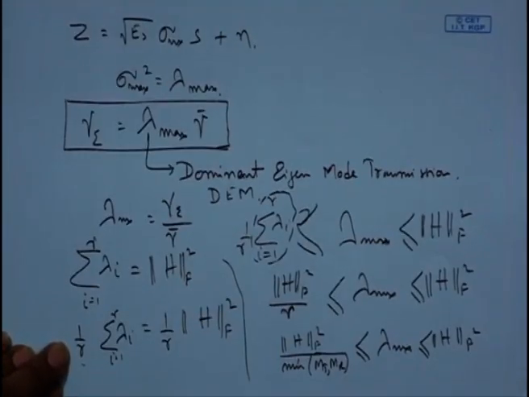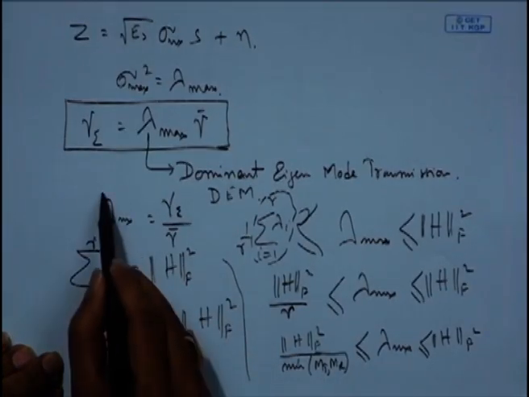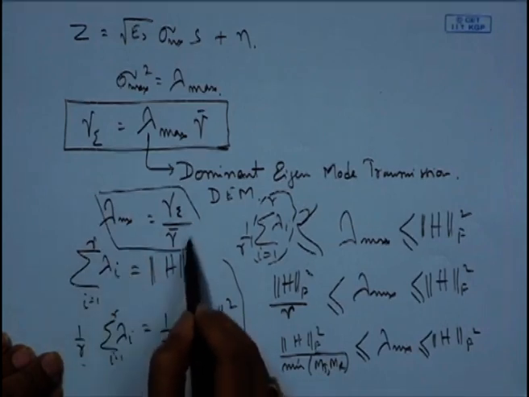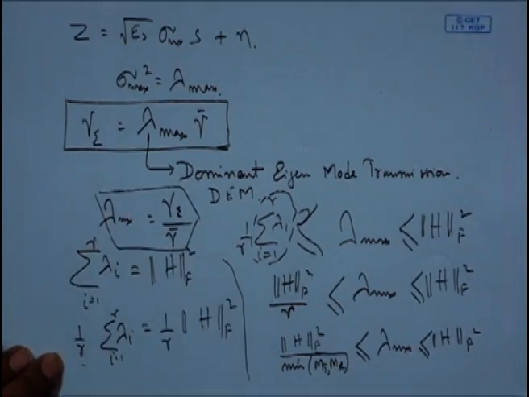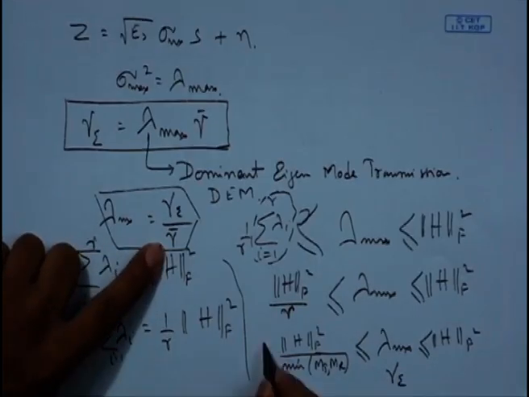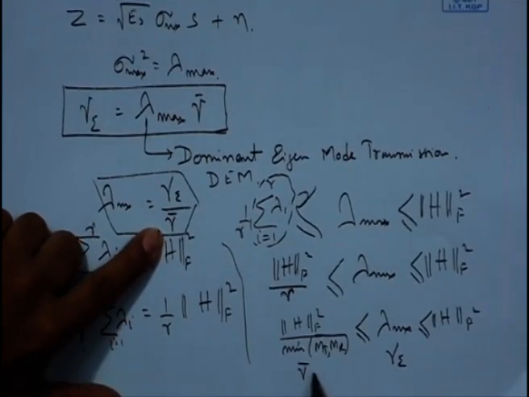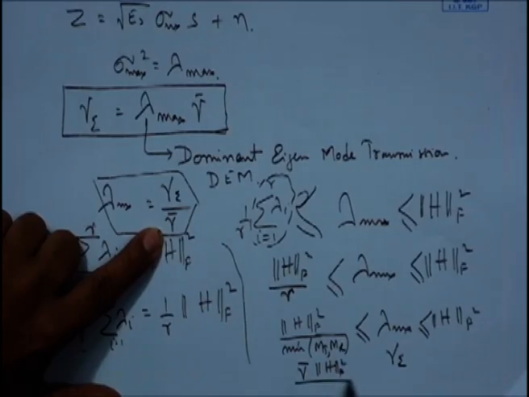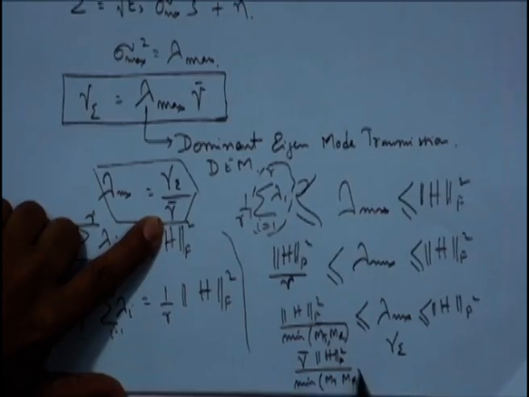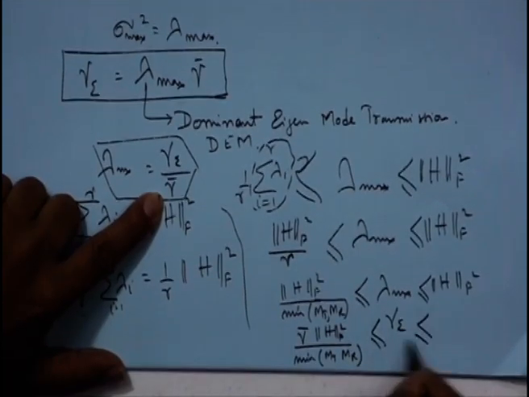And we have already seen from this expression, we could write this as gamma sigma divided by gamma bar. So gamma bar can go on either side, and we would have gamma bar ||H||_F squared by minimum of MT, MR. So basically this.